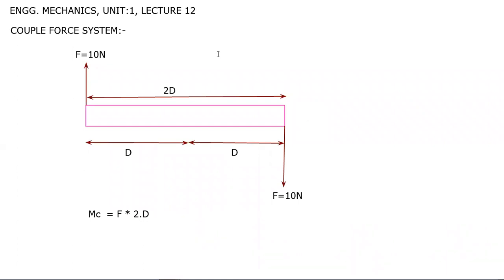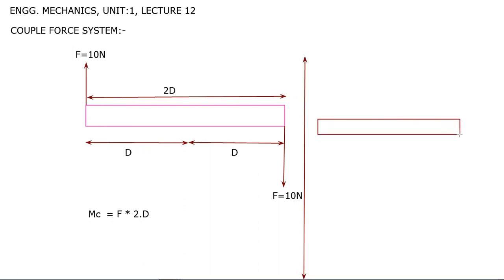Now what is the moment? Remember the difference between moment and bending moment. Moment means, suppose that you are having a certain shaft and a force is acting here at its end, having magnitude F equal to 30 Newton.